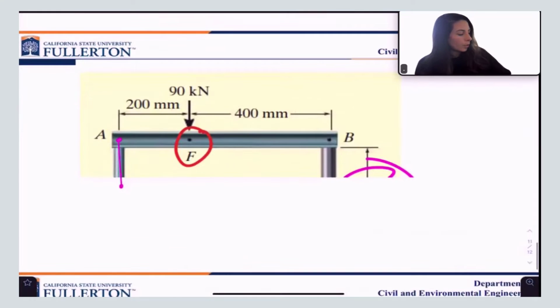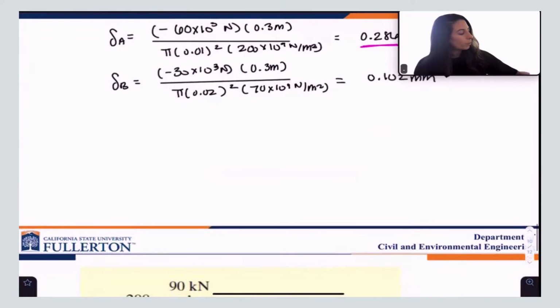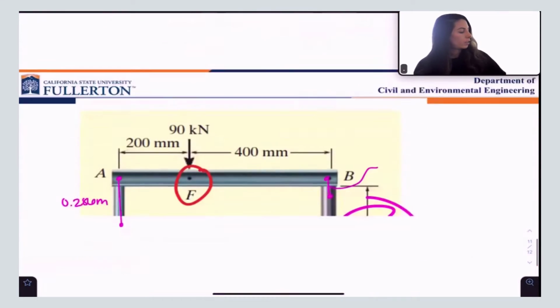So point A is now here, 0.286 millimeters down, right? I know that point B has moved 0.102 millimeters.